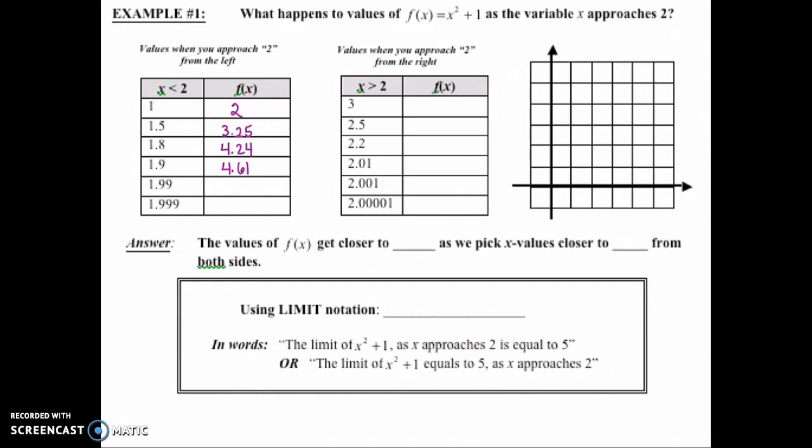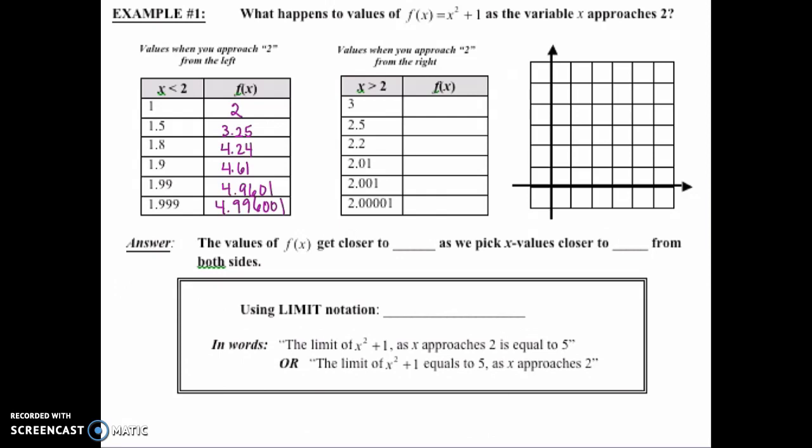When x is 1.99, we get 4.9601. And when x is 1.999, pretty darn close to 2, but without being 2, we end up with 4.996001.